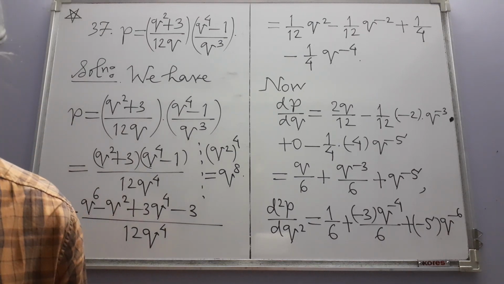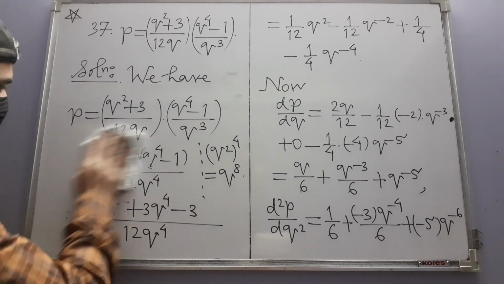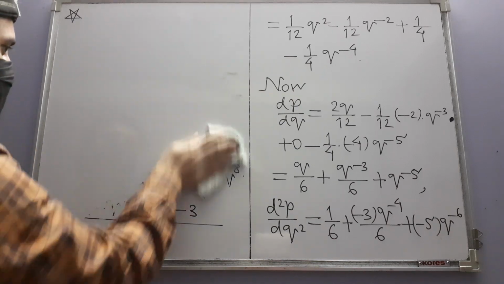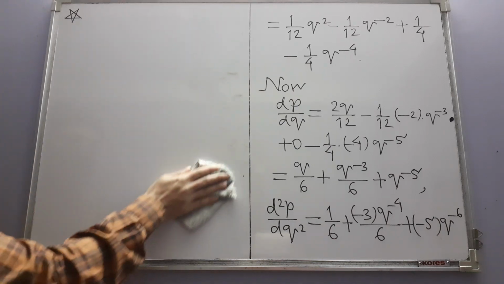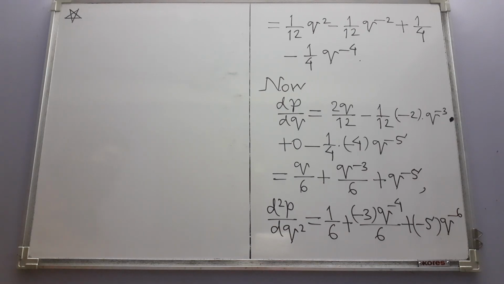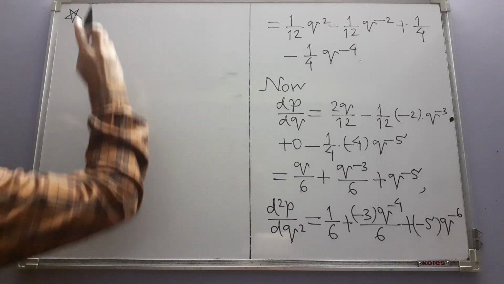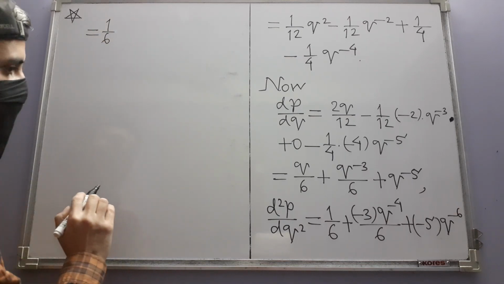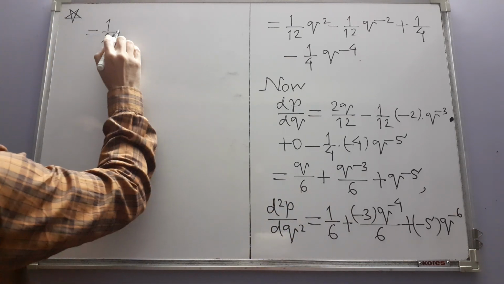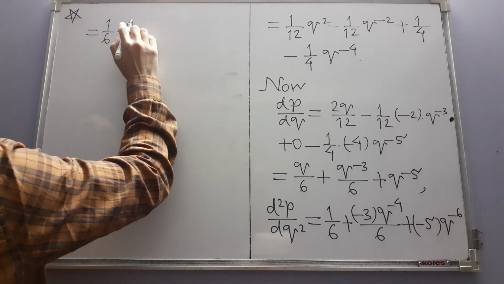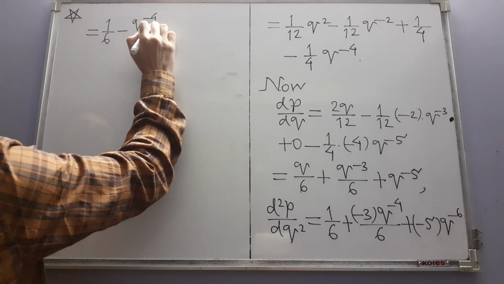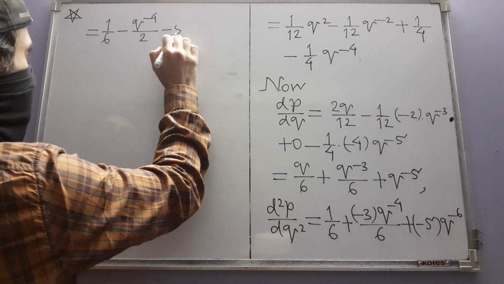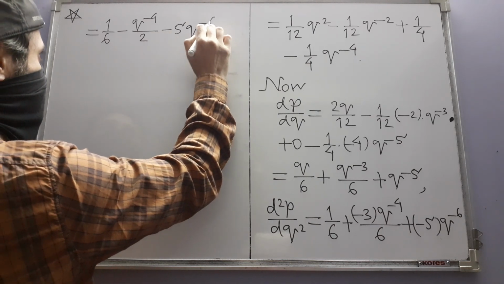So after simplification, this becomes 1 over 6. So after you do the cancellation, adjust sign everything, q to the power minus 4 divided by 2 minus 5 q to the power minus 6.